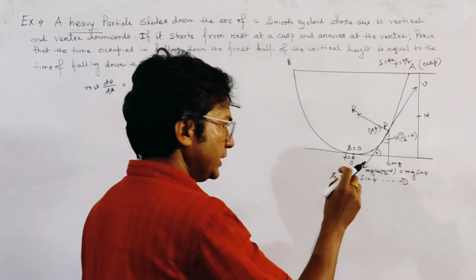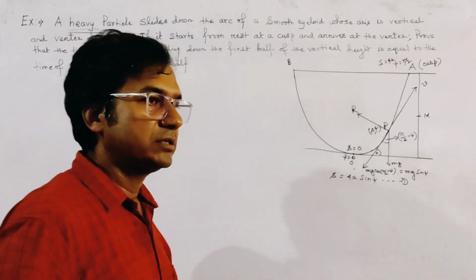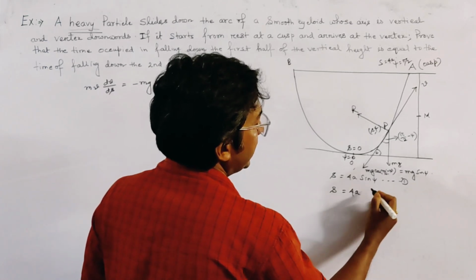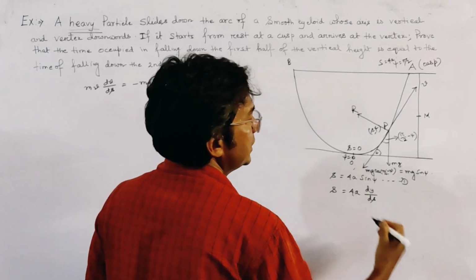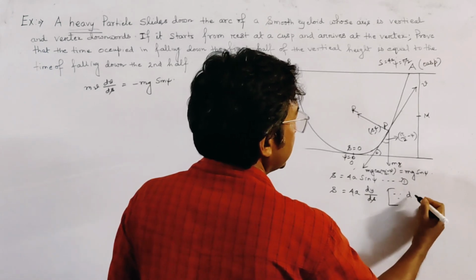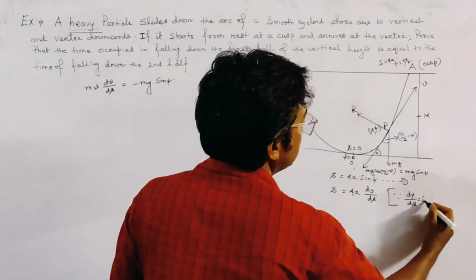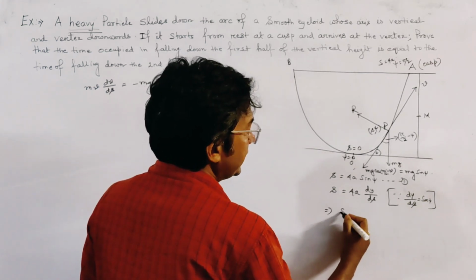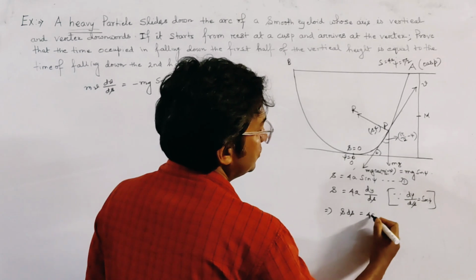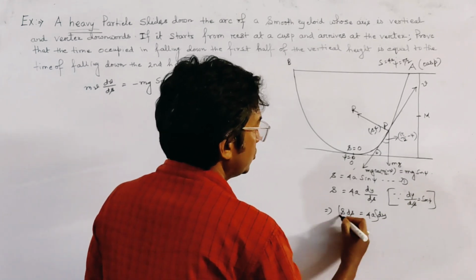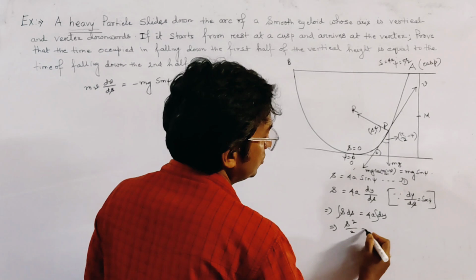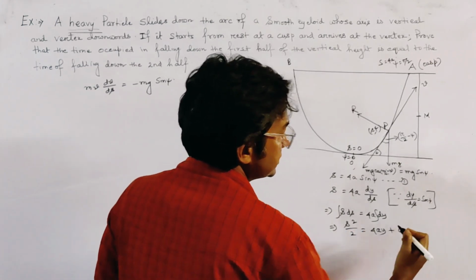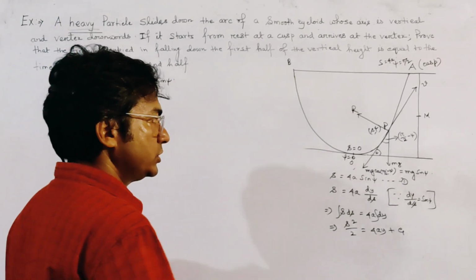Now to relate s with y, the vertical height, we put v = ... using dy/ds = sin psi, so the equation becomes s ds = 4a dy. Integrating, s squared by 2 = 4ay + C1.